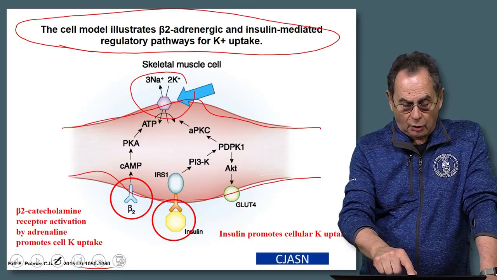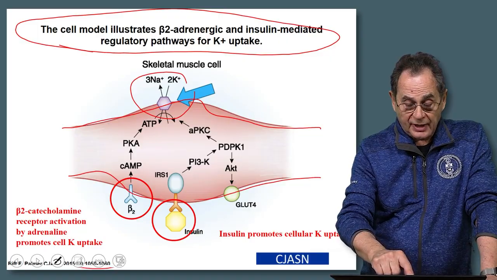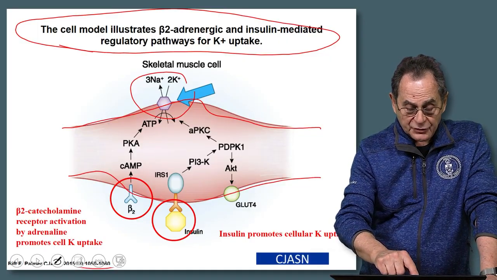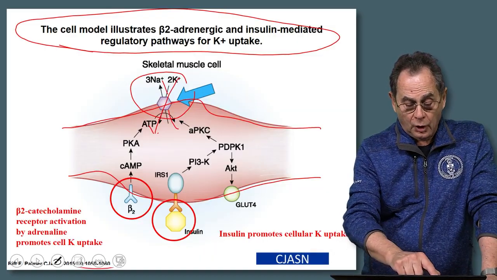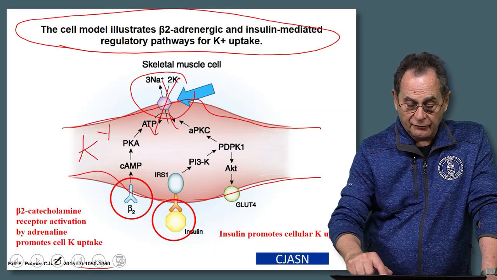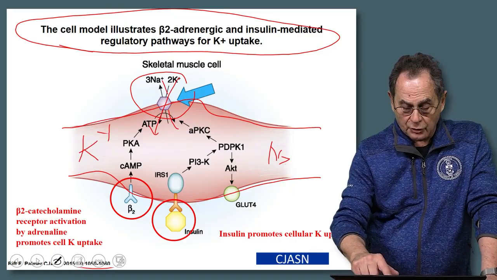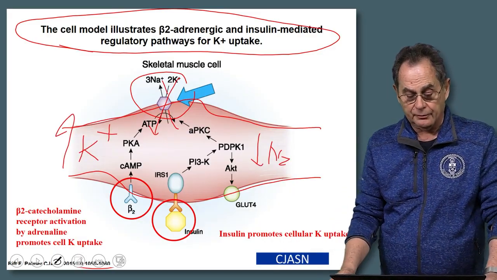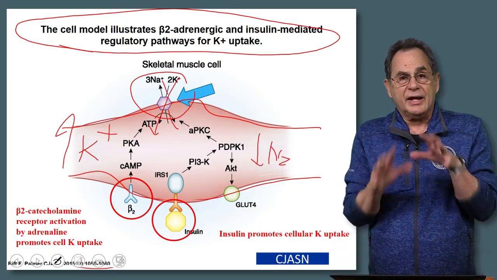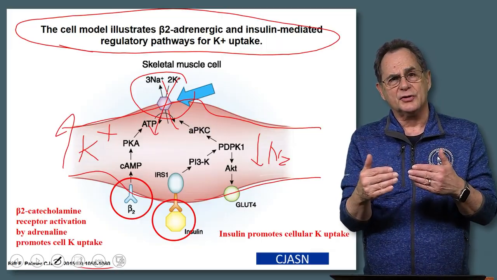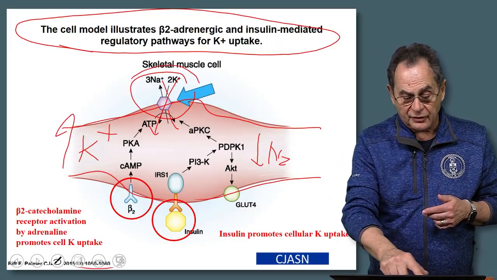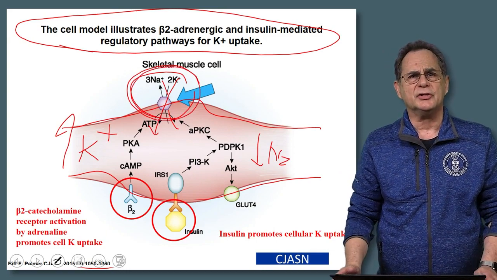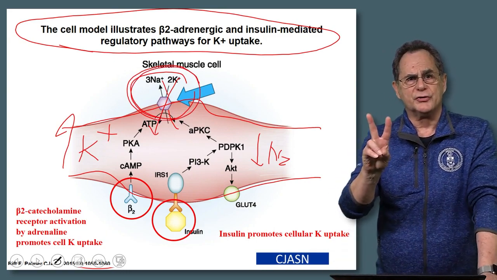Now, of course, sodium potassium ATPase moves potassium into the cell and sodium out of the cell so that there's a low sodium concentration and a very high potassium concentration in the cell. Now, one of the things that influences the movement of potassium in and out of the cell that converge, if you like, on the activity of sodium potassium ATPase are two receptor systems.